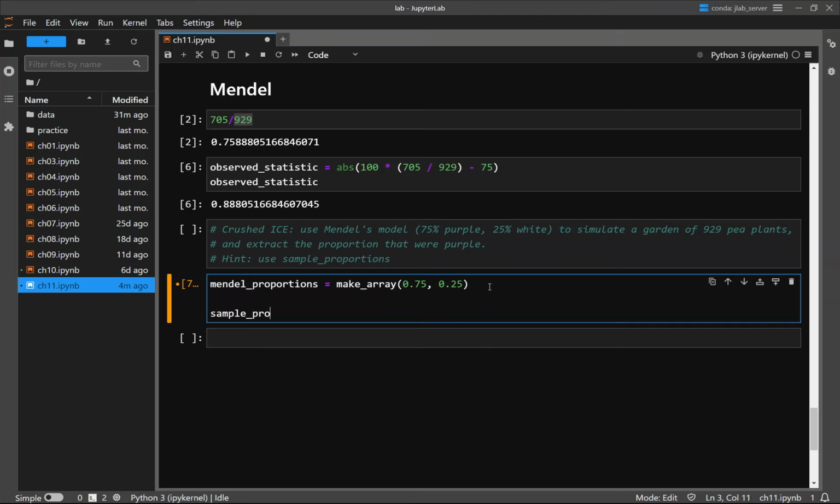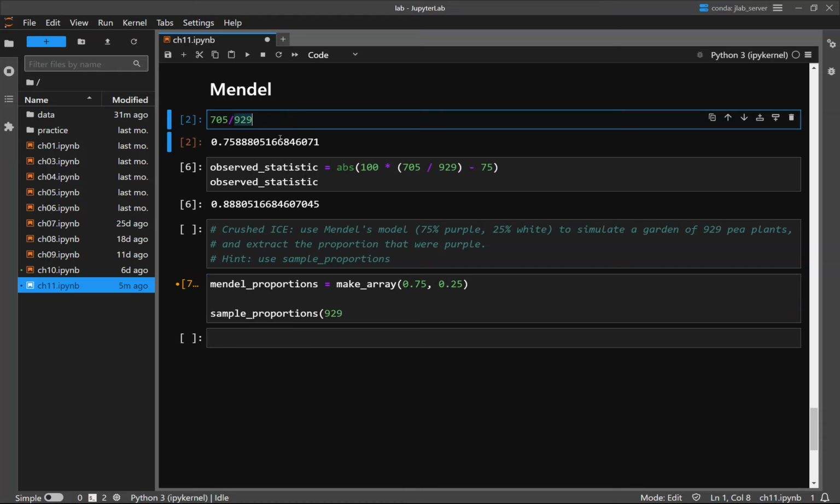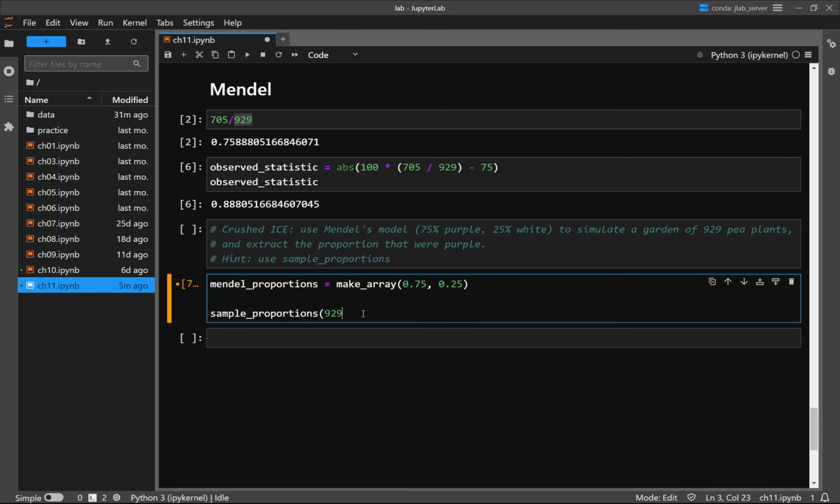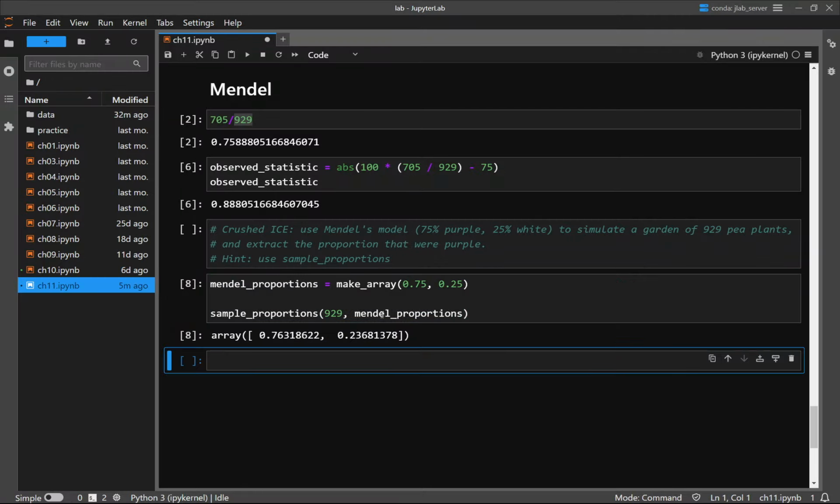sample proportions, that function, with exactly how many, because I want to simulate exactly what he did in the real world. Let's see how often it was this far away from exactly 75%, if it really was supposed to be 75%. So sample proportions, please simulate growing 929 pea plants with this kind of distribution of purple versus white.